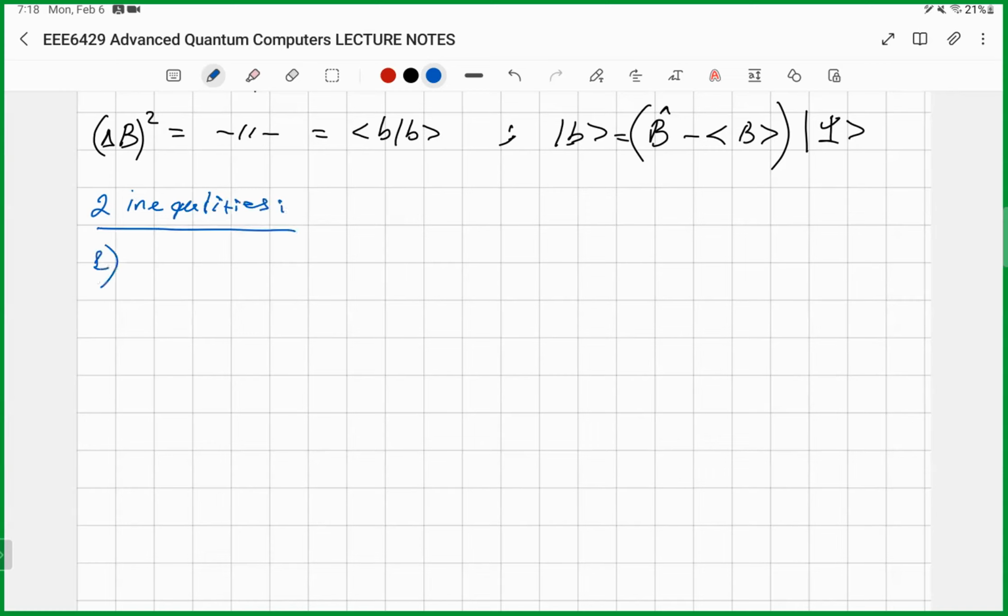The first one is known as the Schwarz inequality.